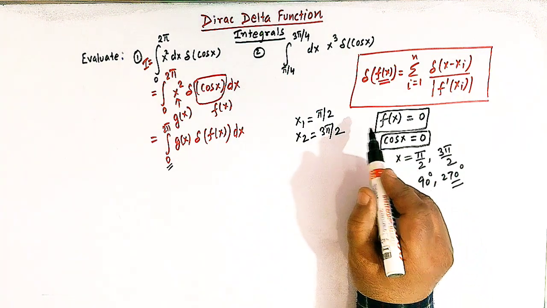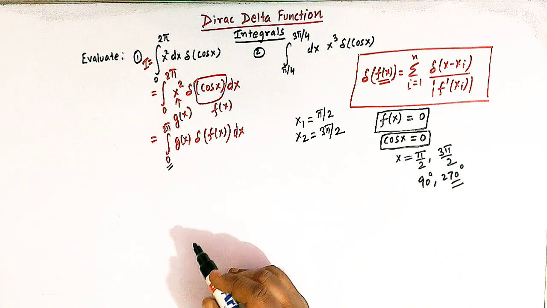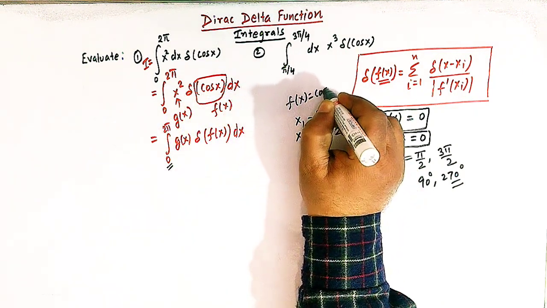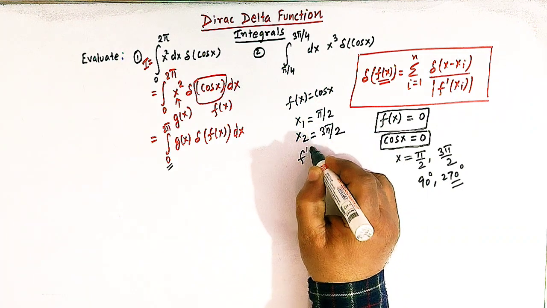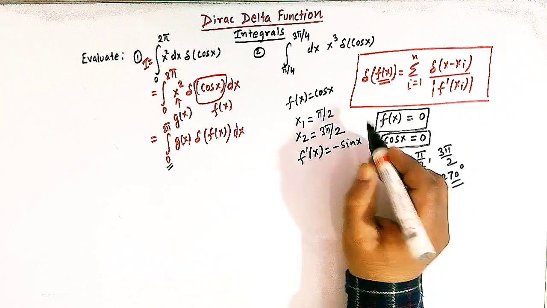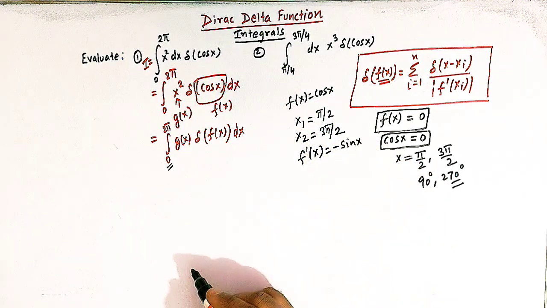Now let us find the derivative of f of x. f of x is our function cos x, so the derivative f prime of x is given by negative sine x, because the derivative of the cos function is the negative sine function.